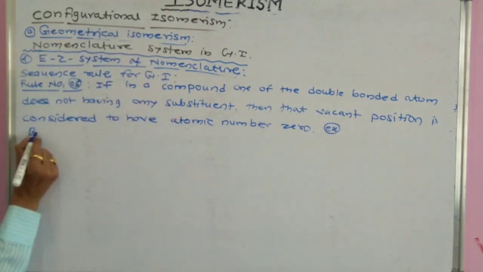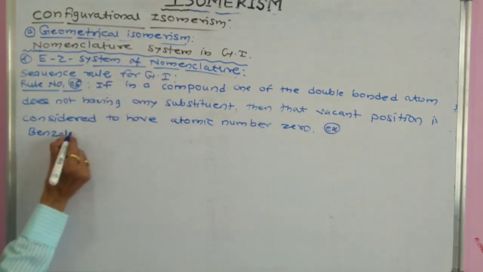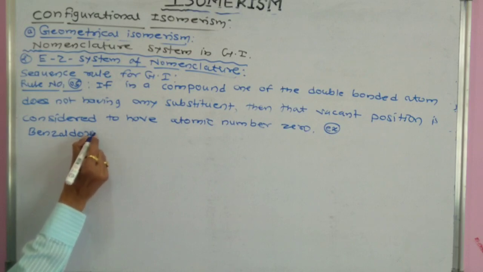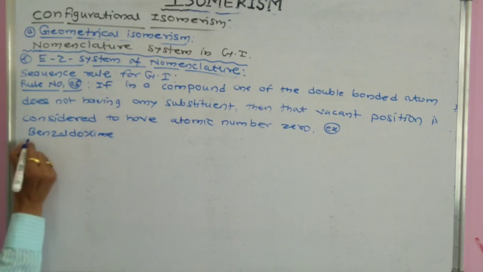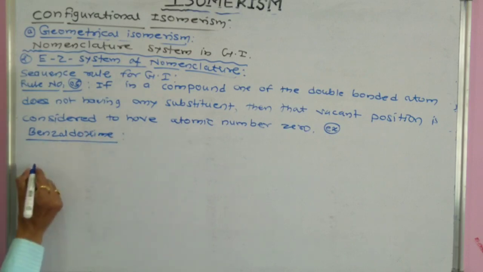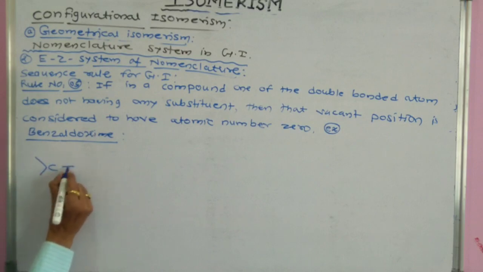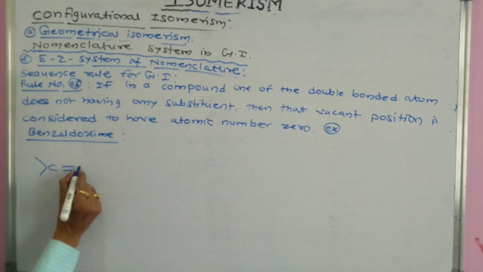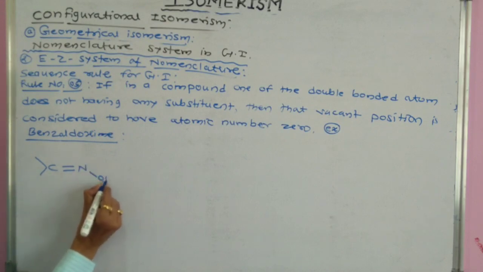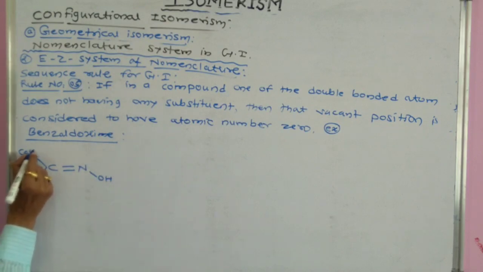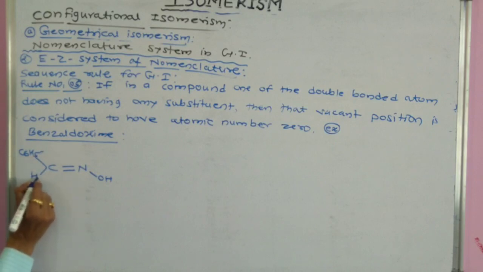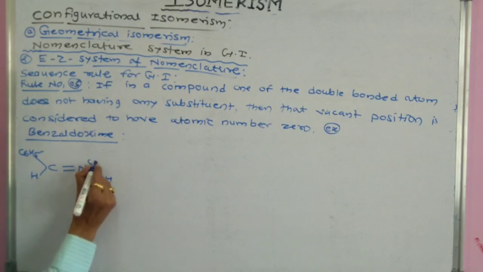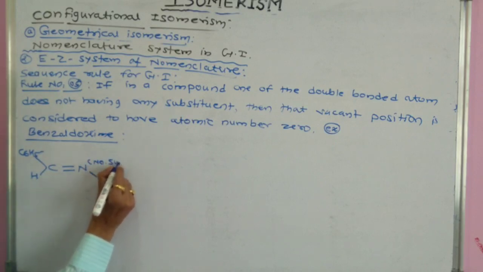For example, benzaldoxime: on the C double bond N, this OH, now this is C6H5 and this H. Now this is the vacant position, no substituent.